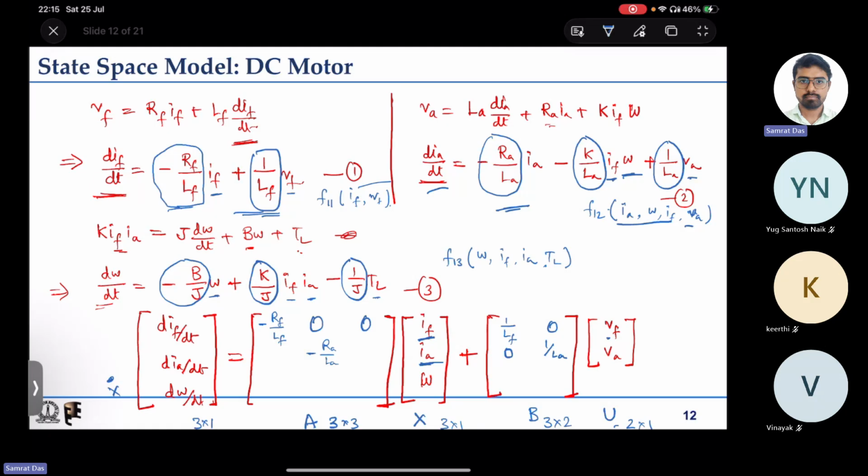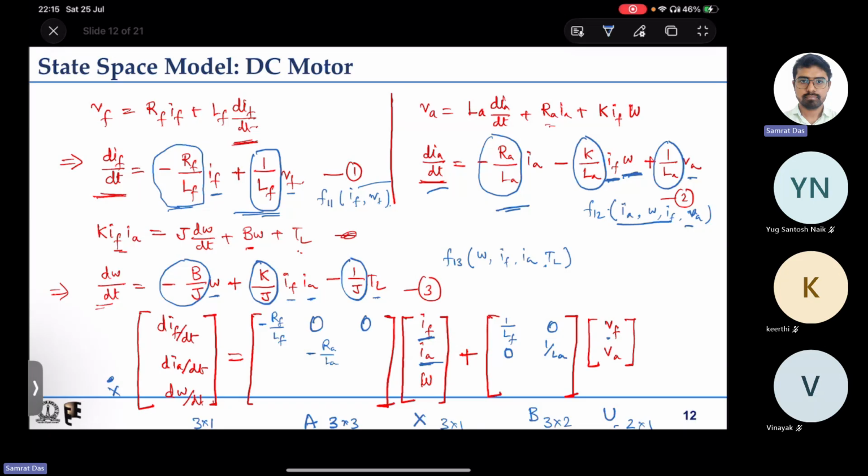We cannot have a multiplied by x separately, because two state variables are getting multiplied here. So this equation is actually a nonlinear equation, and if if as well as omega both are varying, then it is not possible for us to represent the second equation in this format of linear state space model, like ax plus bu.